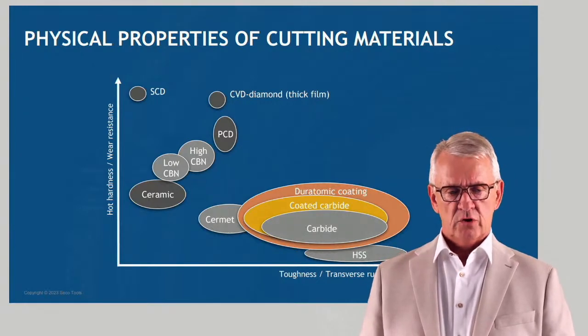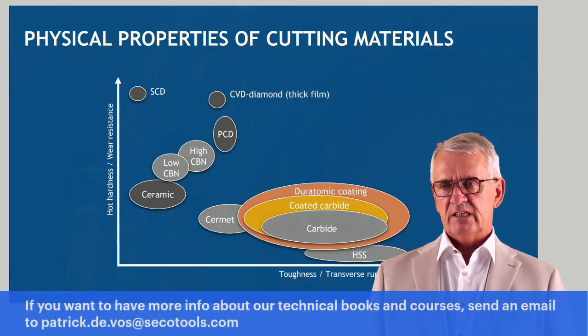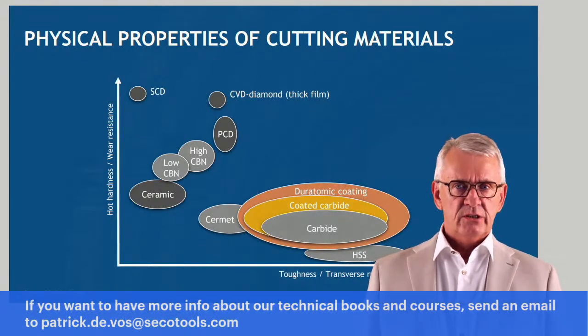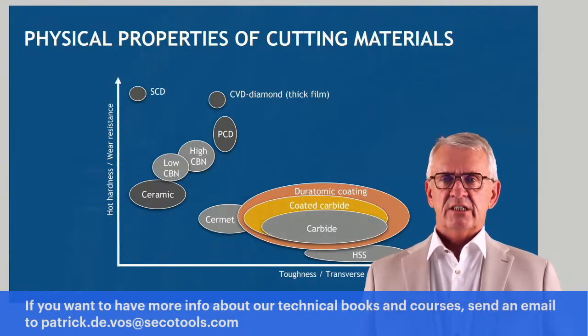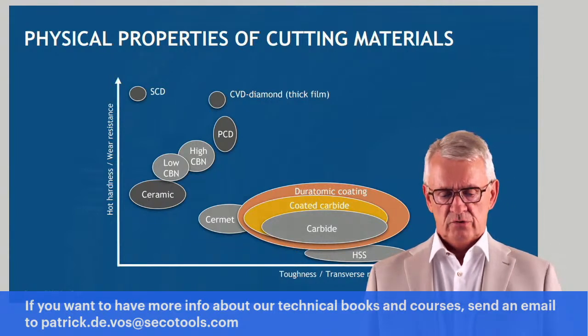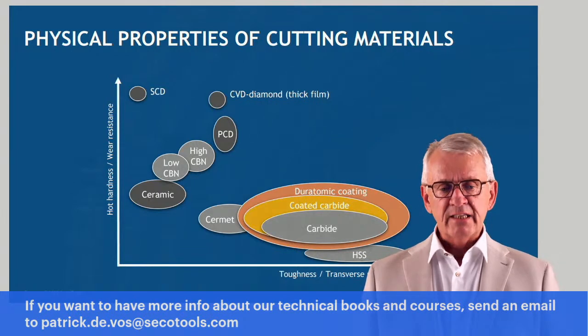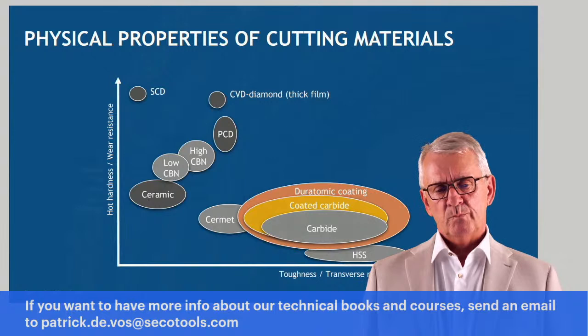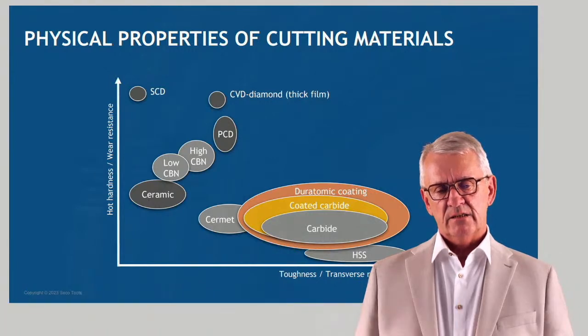Very classic way of showing. And then we classify and we say certain cutting materials are very tough but not so hard. Traditional physical thinking, and others are very hard but not so tough, and so on. A diagram like this looks nice, but personally, the scientific value of it is very questionable.